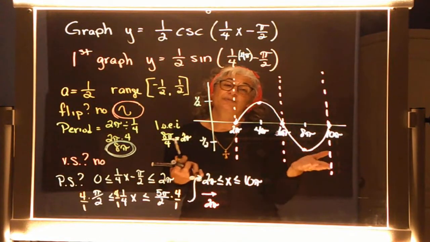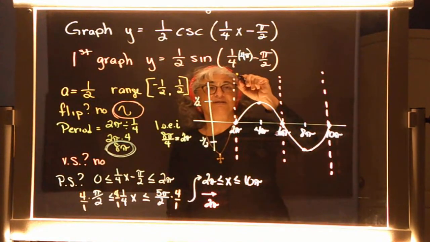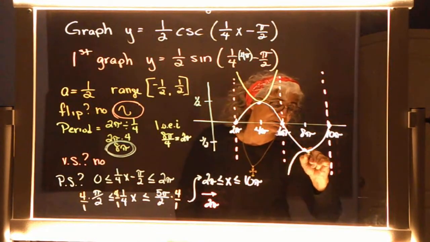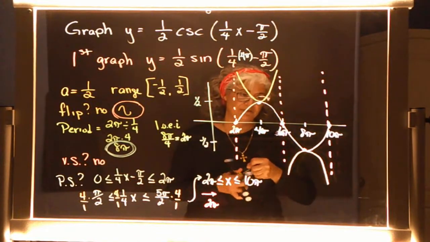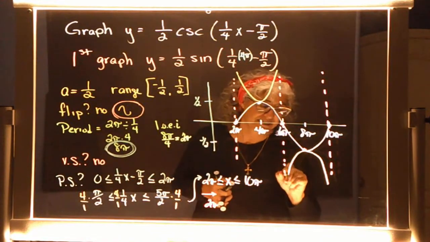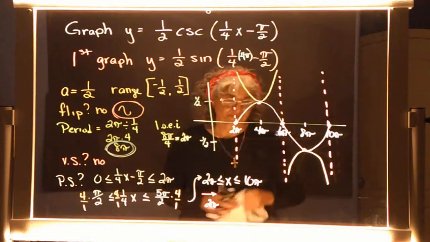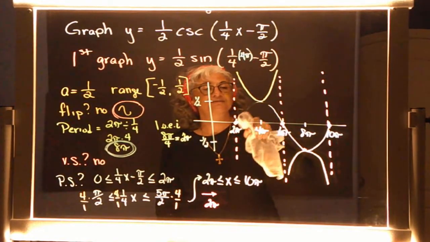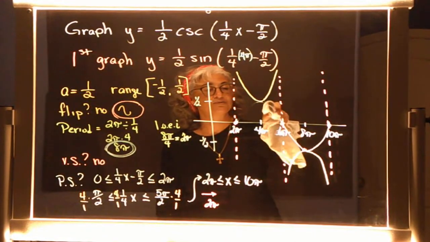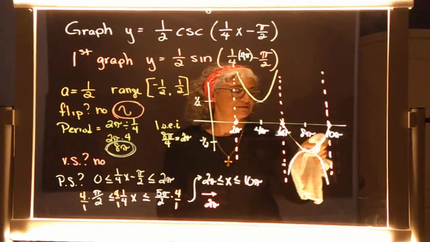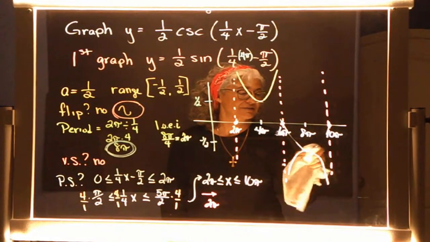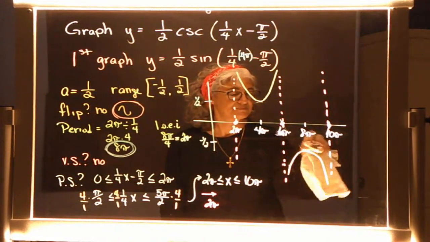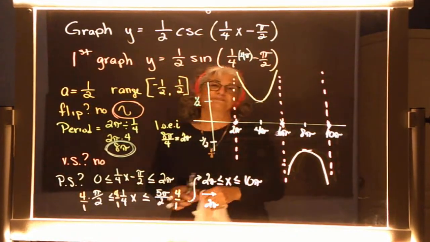So cosecant's picking up where sine's leaving off, which tells me in this case I get an up parabola over here and a down parabola over here between these asymptotes. And when I erase my sine graph, here is what your cosecant graph looks like. Good?